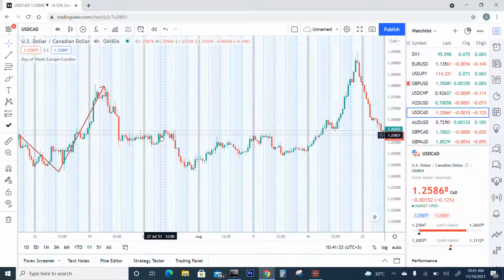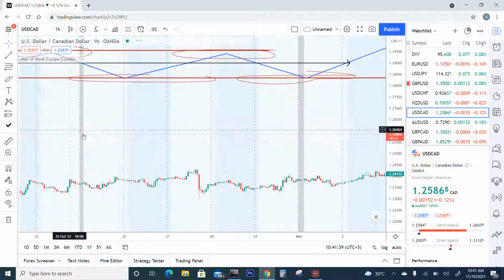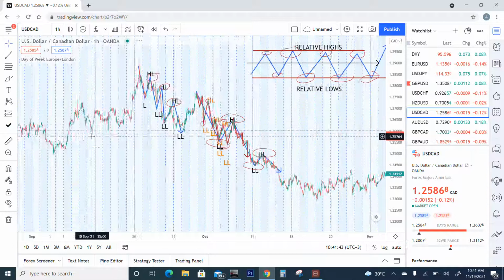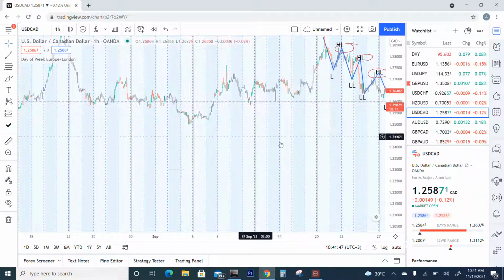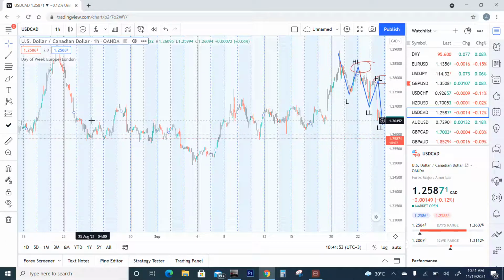Then what happens? Comes manipulation. Let me go back to 1 hour to see this clearly. Yes, here it is. The market first started by moving sideways, accumulating orders in this phase here.